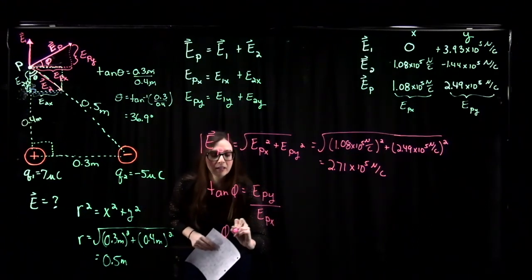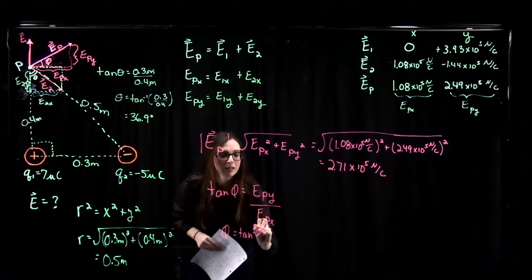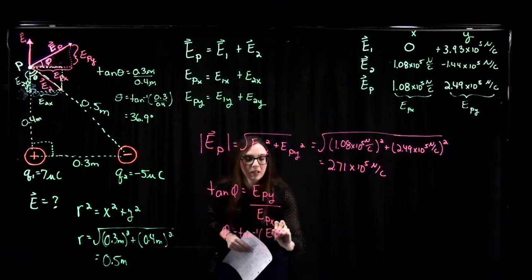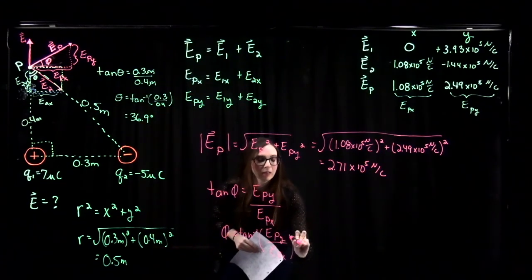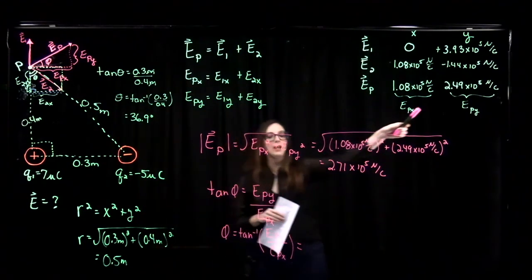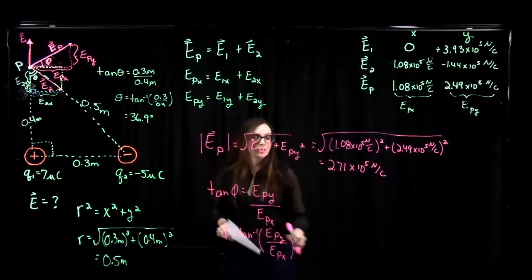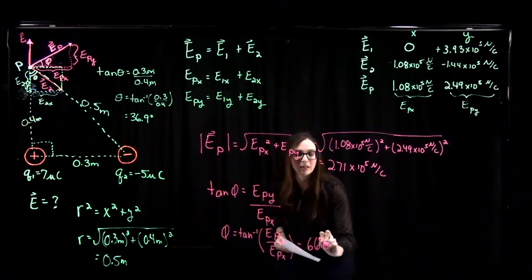So phi is the inverse tangent of EPY over EPX. Okay, and you can plug those in from our table up here, and that gives us an angle of 66.6 degrees.